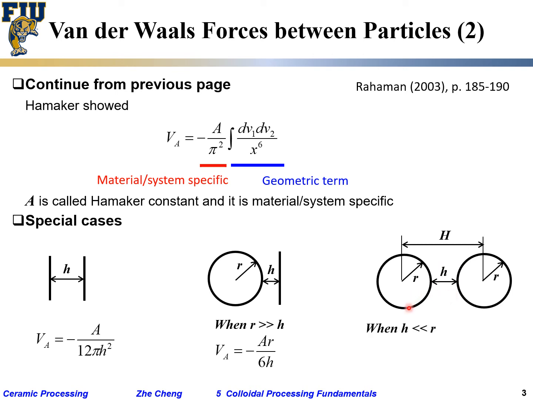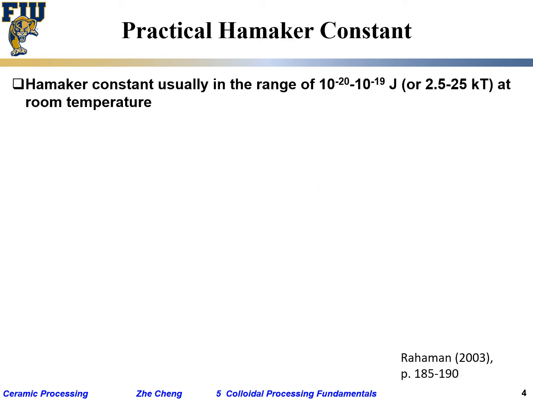That's just the thing. When the gap is much smaller than the size, we would have one expression. When it's the other way, the two particles are very, very far away, we would have another expression. But anyway, we will not go into the detail of how we derive that because this is not a chemistry class. So people get these types of potential energy.